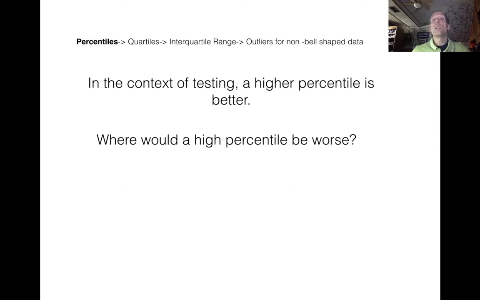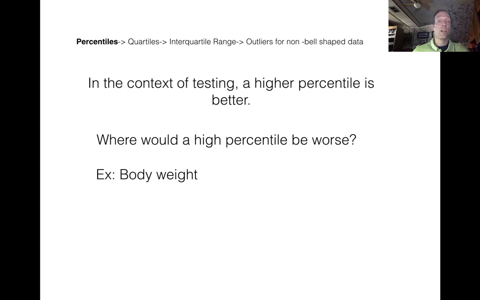Although you have to be careful because it does depend on the context clues of what you're talking about. Not always is it going to be true that a high percentile would be the best. A really good example of when a high percentile would be a really bad thing might be if you go to the doctor, and the doctor is going to give you a physical exam.